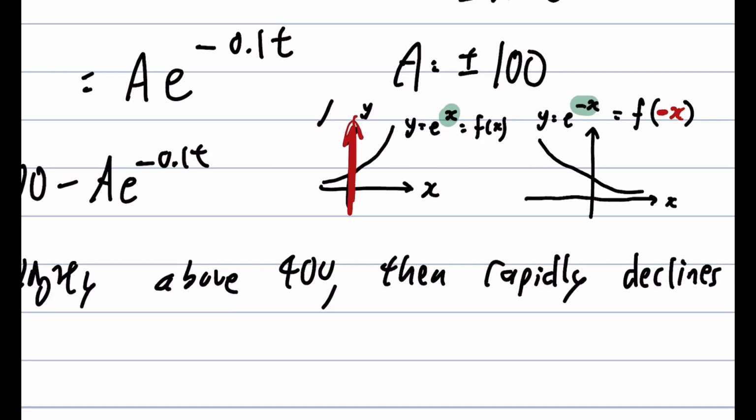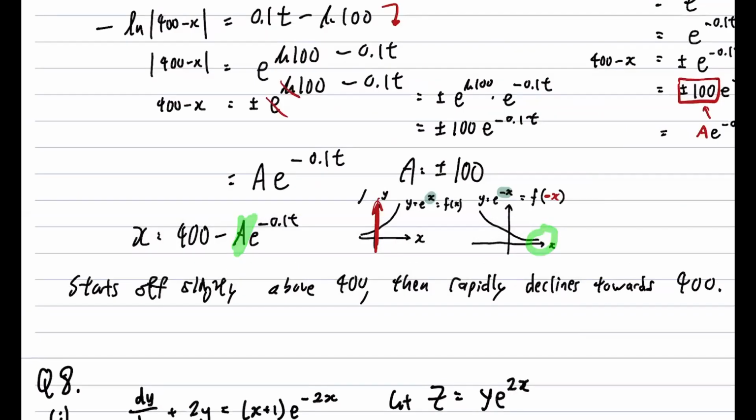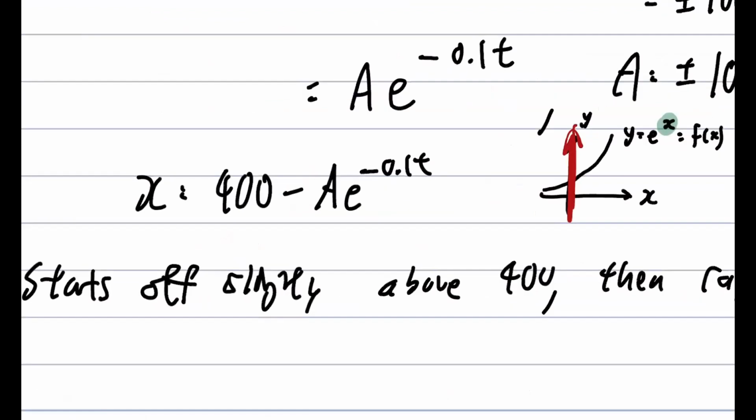And yes, it's decreasing. Eventually it drops to 0, very, very close to, but slightly above 0, essentially 0. So the A doesn't matter already, because e to the power negative 0.1t will just go towards 0. Maybe I just write down a bracket like this and then an arrow to 0, meaning it's approaching 0.